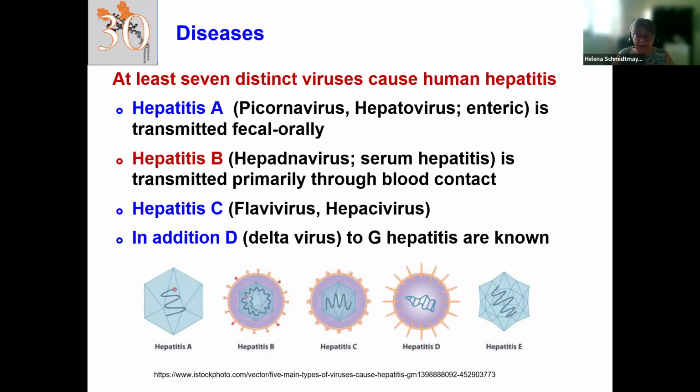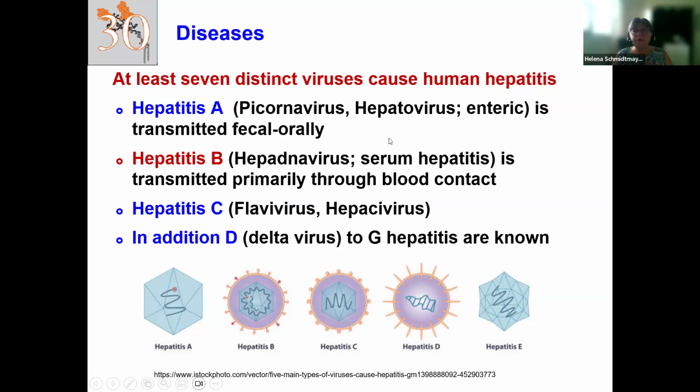Talking about hepatitis, I want to step aside and recall that there are several viruses which belong to different families which cause hepatitis. Hepadnaviruses or serum hepatitis, which we discuss now, refer to infection with hepatitis B. Recall, we already went through hepatitis A and C. Hepatitis A is an RNA virus which belongs to picornaviruses, genus Hepatovirus.